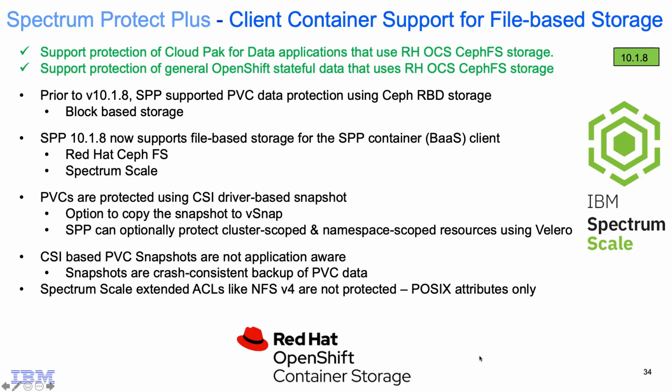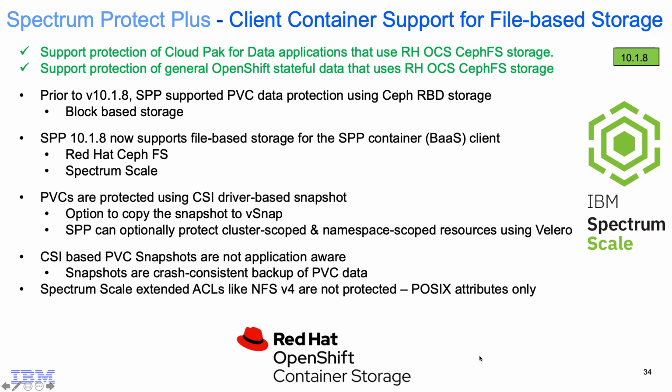If you recall, beginning in version probably 10.1.6, or maybe even earlier than that, we supported protecting Kubernetes and protecting OpenShift. The file systems that we supported for doing this were Ceph RBD storage, or block-based storage.